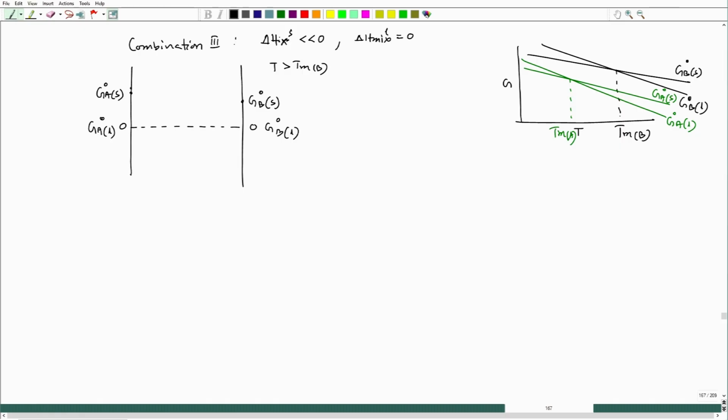So, if I take it that way, this will be my liquid G1, and let us say this one is my minus T delta S mix, which will be the same for solid also. So, this would be nothing but delta G mix, since delta H mix for liquid equal to 0.